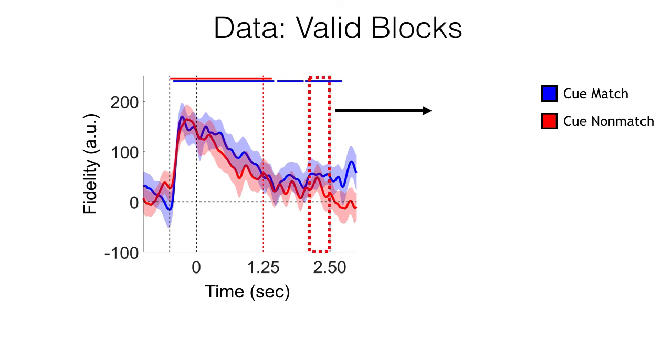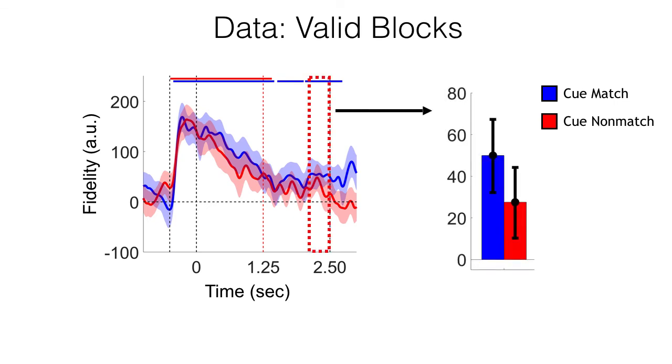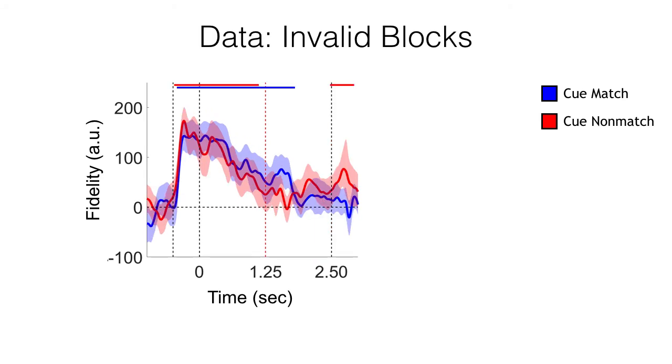This window here is the last 500 milliseconds of the delay period. So we just average the fidelity estimates within this window. And as you can see, there's a lot more location information for the cued location compared to the uncued location, which is consistent with all the previous findings.